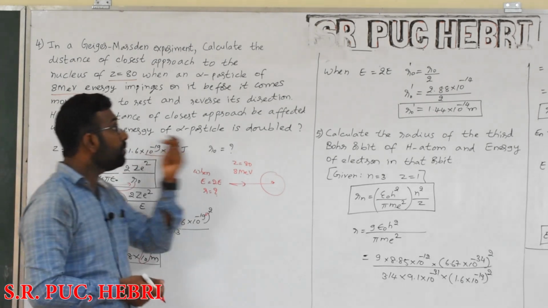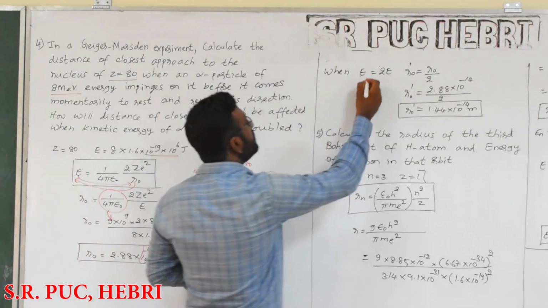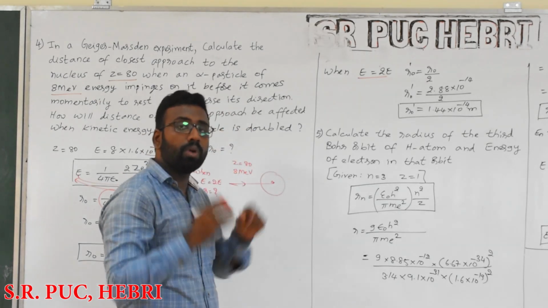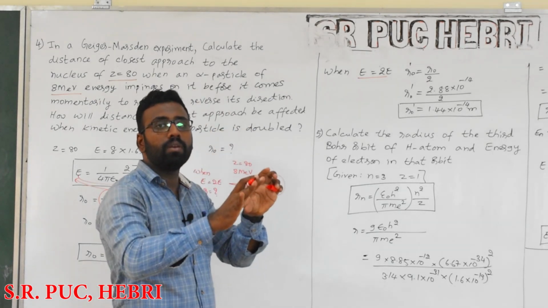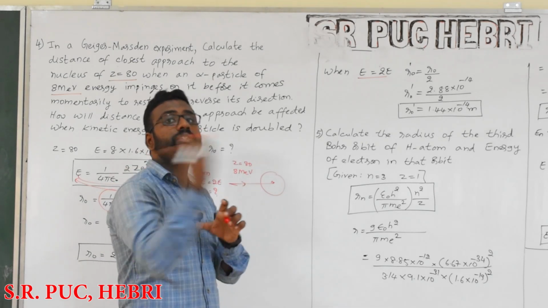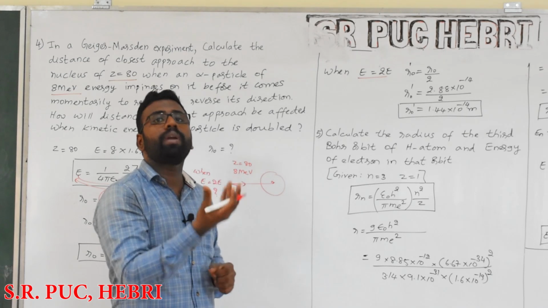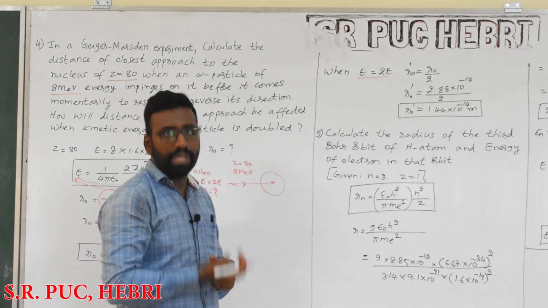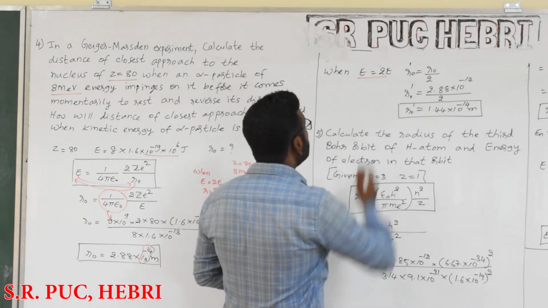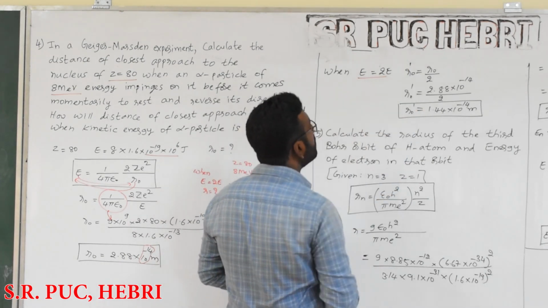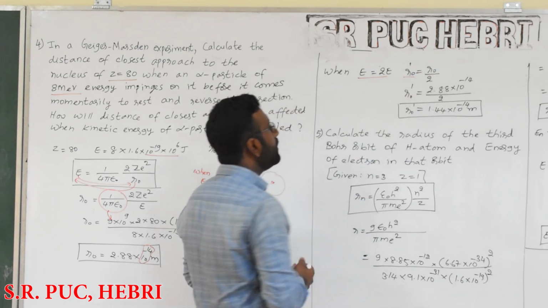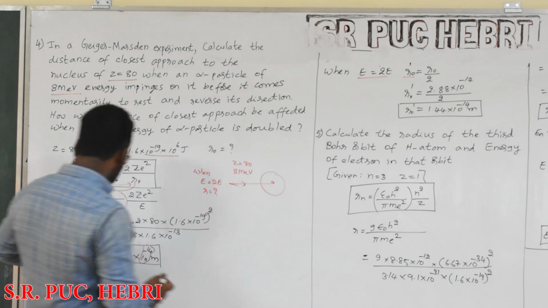Now we will see when E becomes 2E. That is the question. There is an experiment happening and you get the value of R naught. When the energy of the alpha particle is doubled, what happens to the radius of closest approach? E becomes 2E, and R naught dash can be written as R naught divided by 2. Just check this equation.